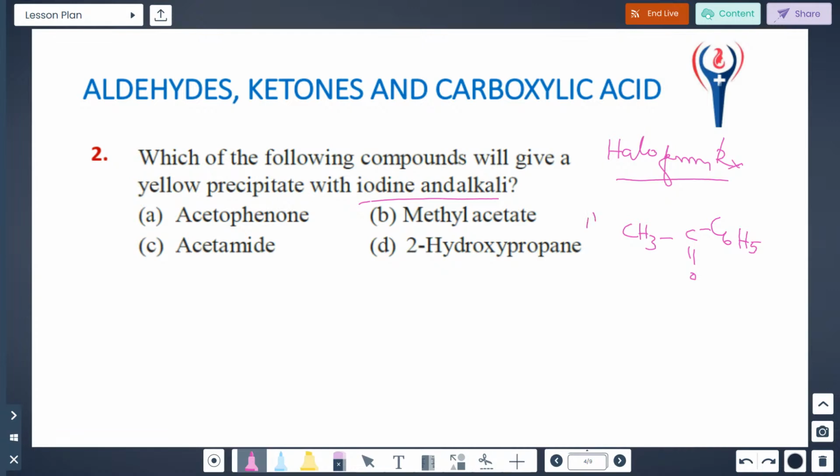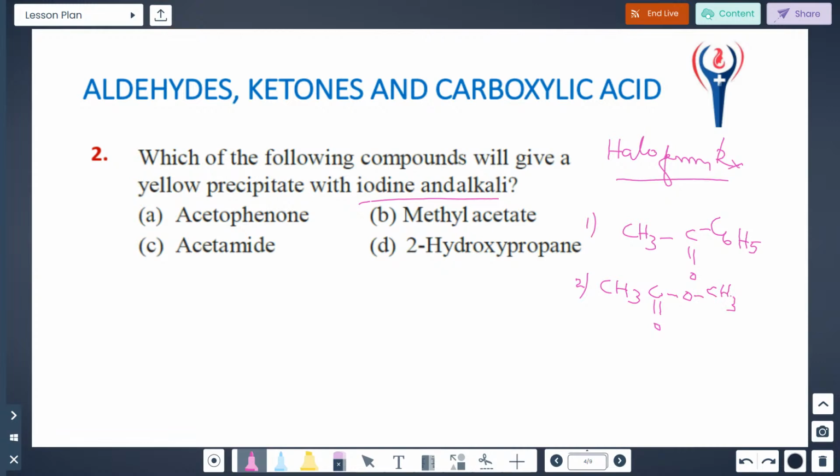It's the first one. Understood? Another one. What's the structure? CH3, methyl acetate. Methyl acetate means what's the formula? CH3 C double bond O, okay, here O, methyl acetate. Here CH3. This is the formula for methyl acetate.